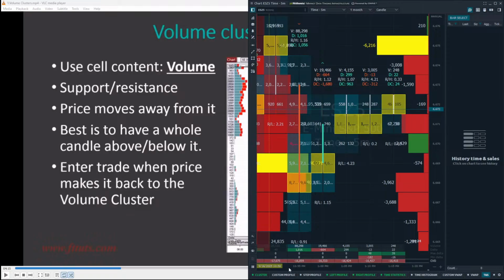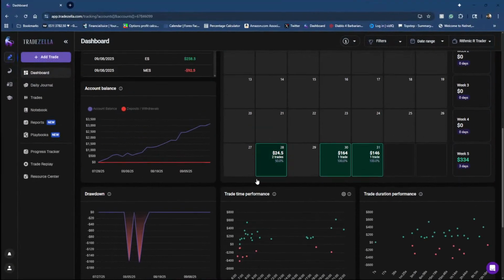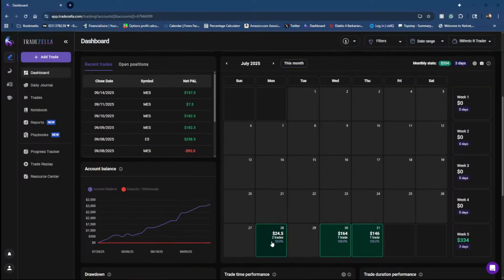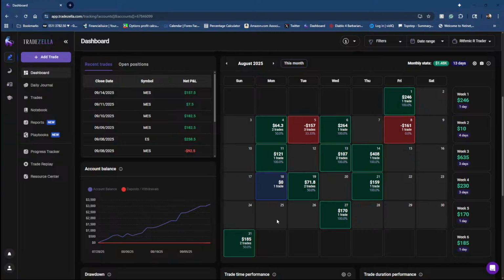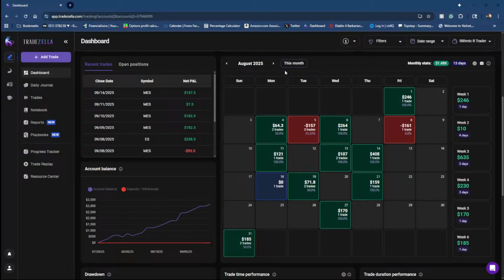Just to show you guys really quickly, this is an account that I opened in July. I guess I probably opened it July 27th. My first trade was July 28th. This was a $2,000 account. And in 6 weeks, using only this strategy, actually just really quick, 3 days made $334, right?